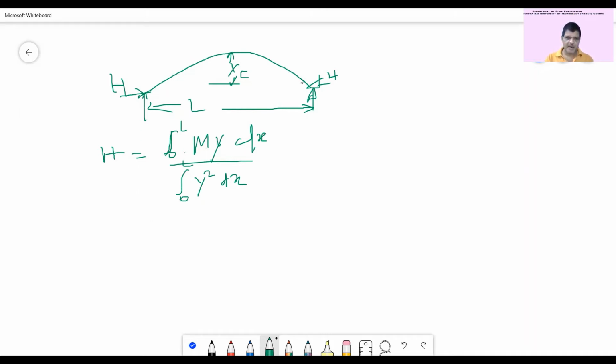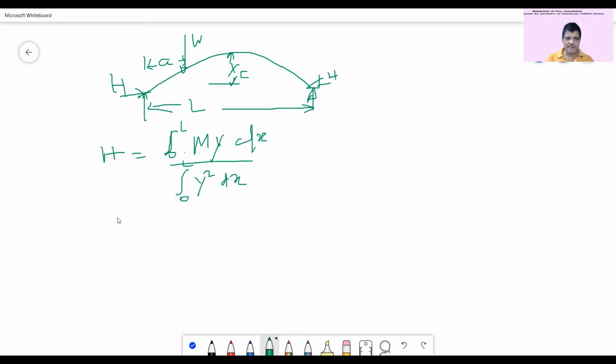Now in case of a parabolic arch with a concentrated load, if you put a load W at a distance a from the support, then we have derived the equation for the H for the concentrated load.